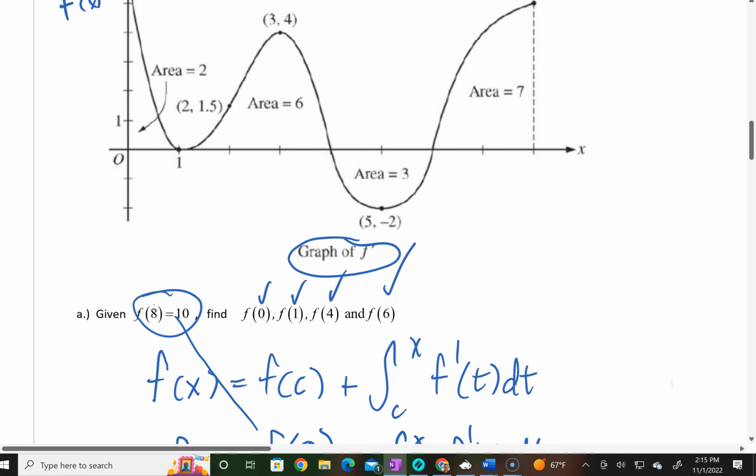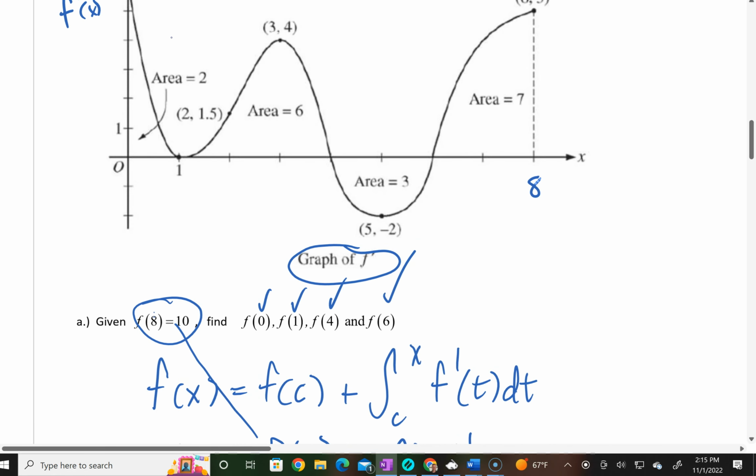0 to 8, and kids are going to go, wow, well, 8's over here, 0. You know what? This is positive 2. This is positive 6. This is negative 3. This is positive 7. And what am I doing? I'm paying attention to whether my area is above or below the x-axis.